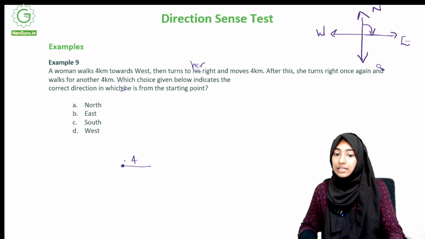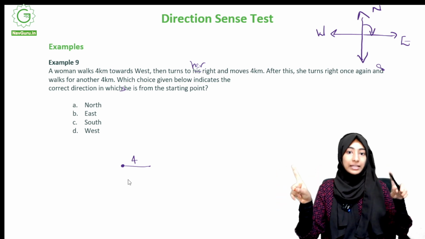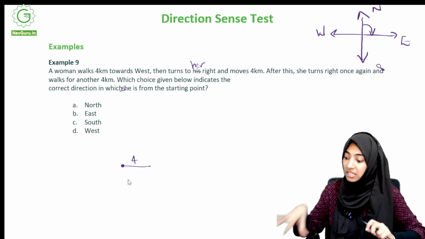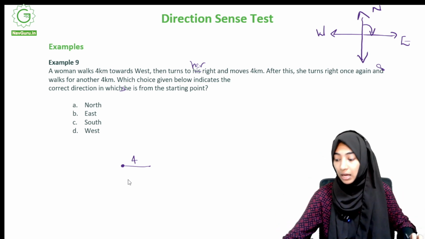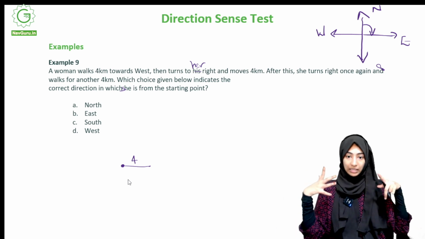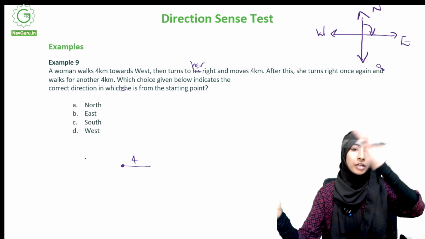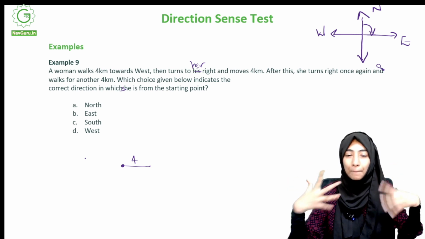Although I would suggest you to use the first method that I said, where you envision yourself in the position of the woman. You imagine, okay, this is me, I am standing in the position of the woman, how would I deal with this? The reason why I think that's a better way is, it improves your thinking skills. With the direction being north and then finding east, you sort of mug up things, right? It's about by-hearting.